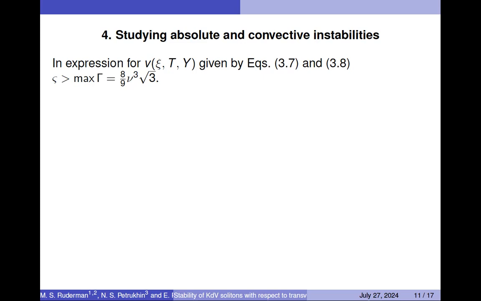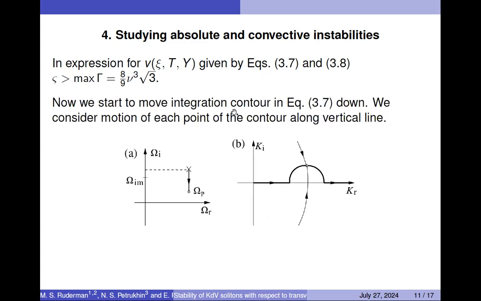Initially, we have to take the Bromwich integration contour above all singularities. This condition reduces to the condition that it should be above the maximum value of the increment. What we do now is move our contour point by point down, like here.